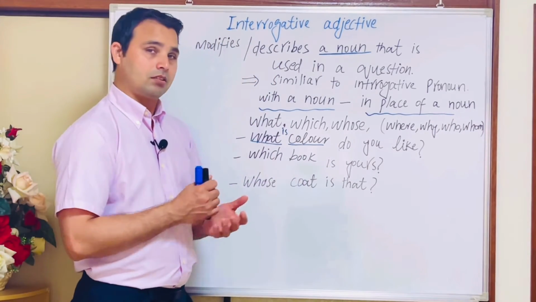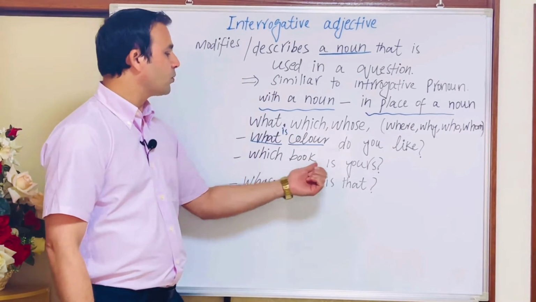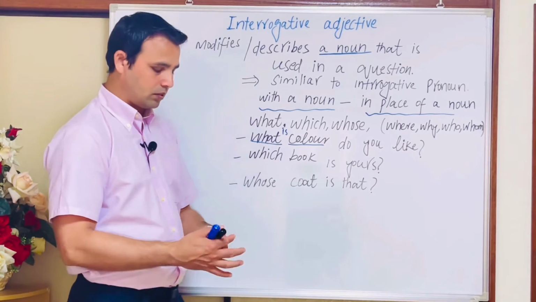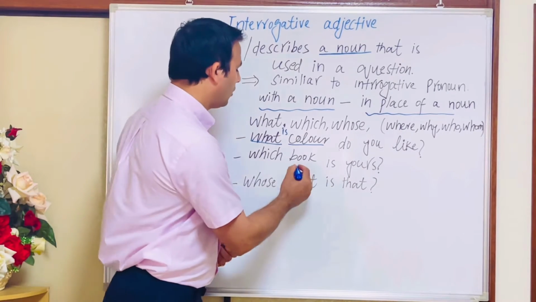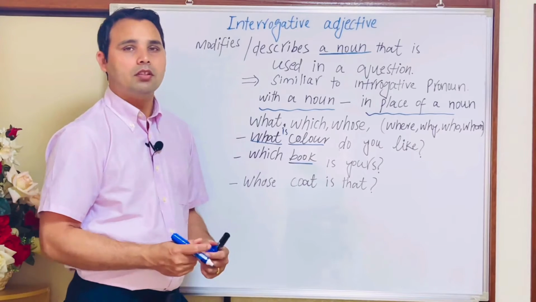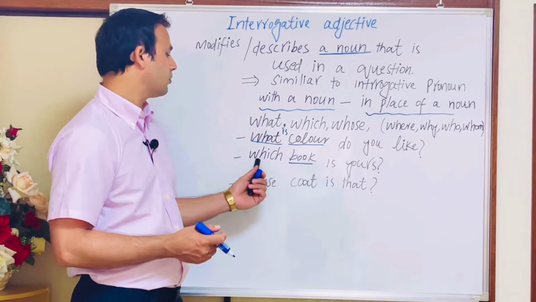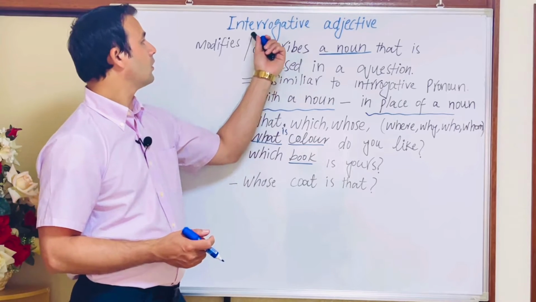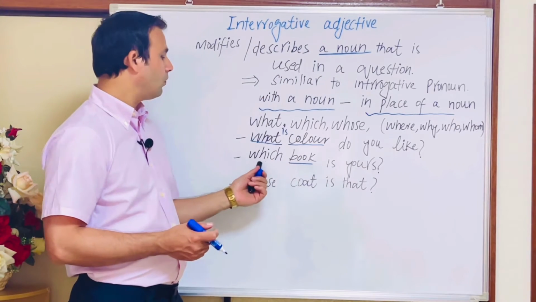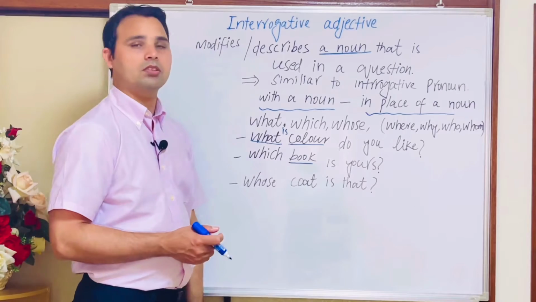The second example is, which book is yours? Once again, book is a noun, which is used with a noun, so it is our interrogative adjective. Which book is yours?